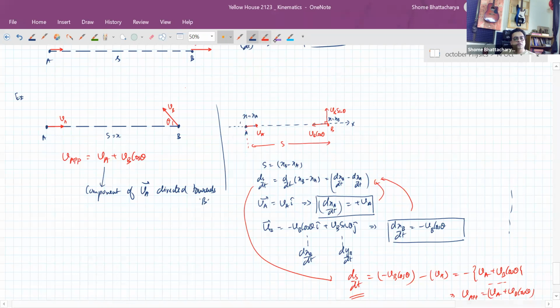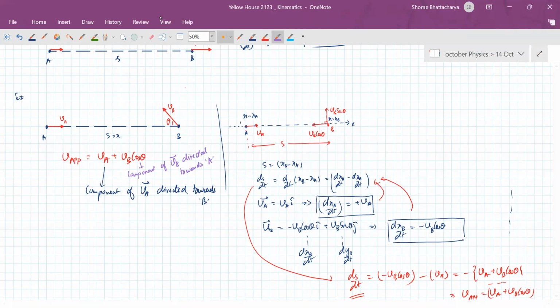And similarly, this one is the component of VB directed towards, or pointing towards, A. Okay, so just make a note of this situation.